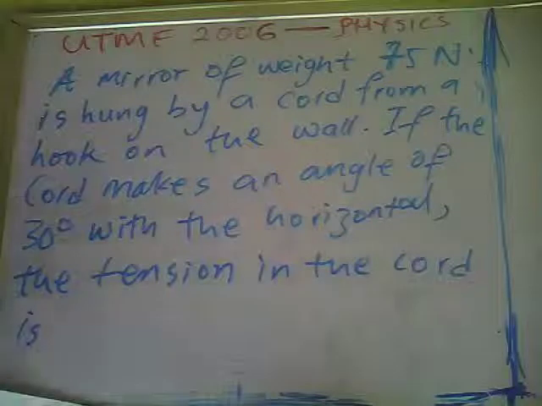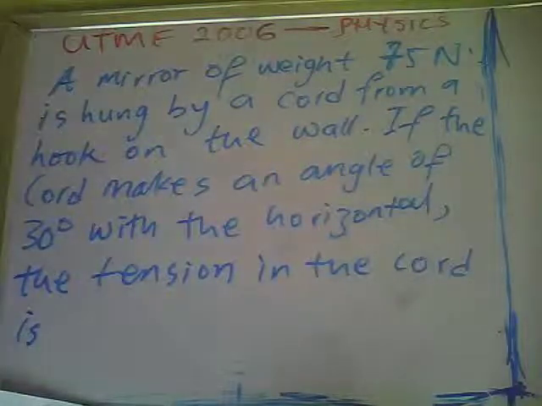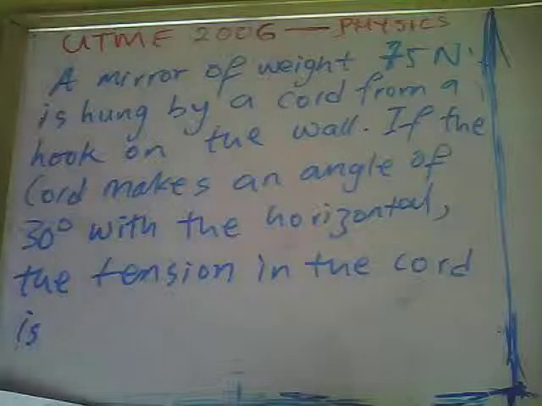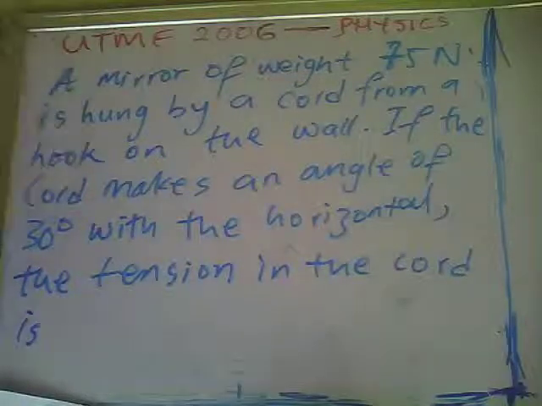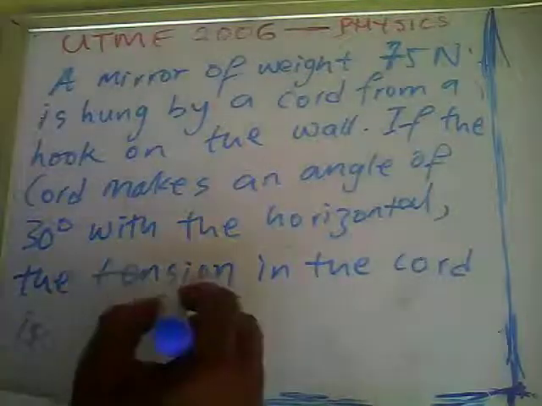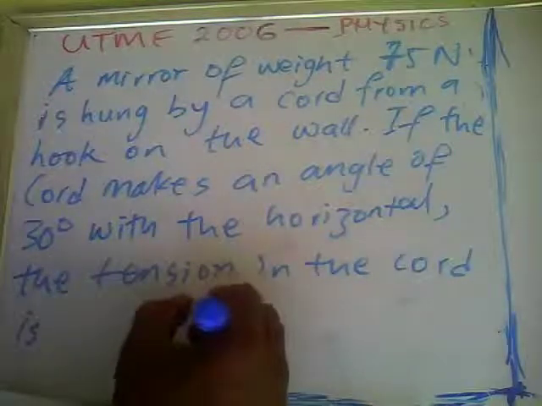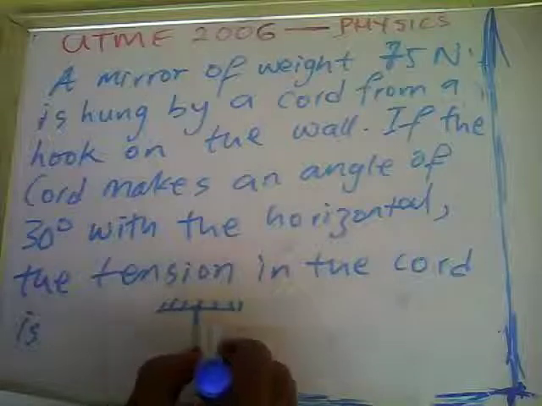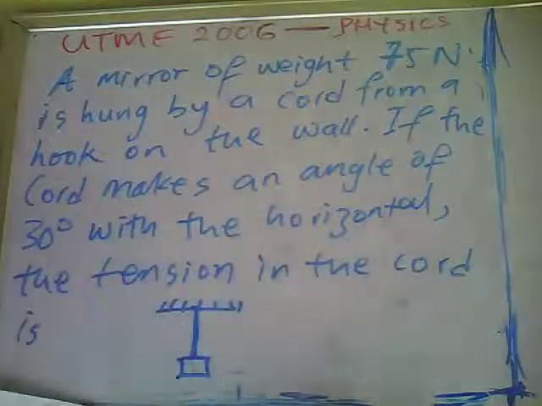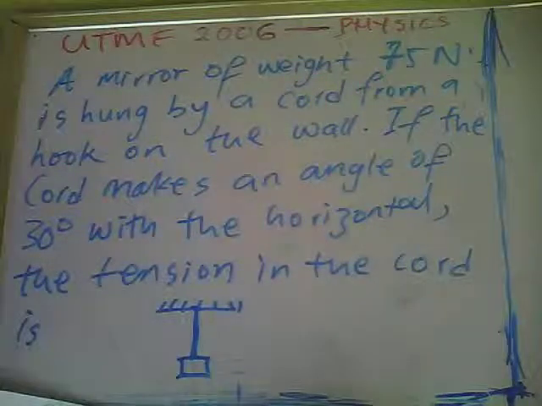For a question like this, we have to take a few seconds to look at it and check the nature of the problem. We have a ceiling and a cord suspending a picture, that's a mirror.